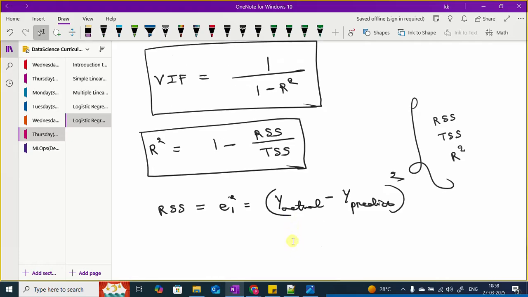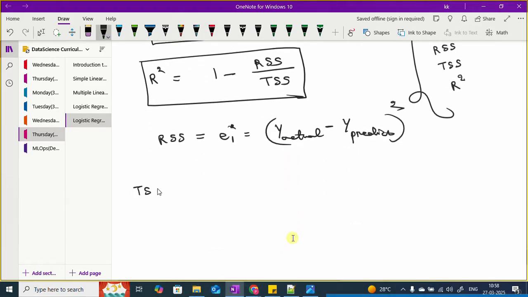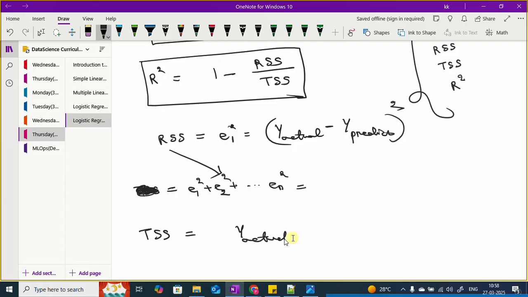So what is TSS? TSS is nothing but total sum of squares, means E1 square plus E2 square plus En square. Okay. So sorry, this is RSS. Sorry. TSS is nothing but Y actual, that will be correct, minus Y mean, square.